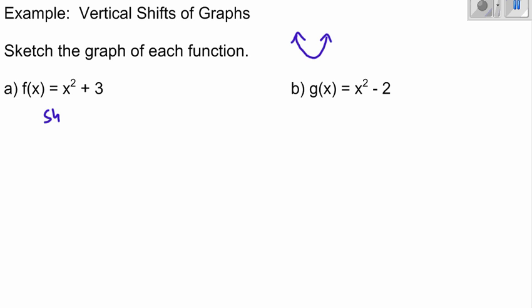So that shifts up 3. If the normal graph would be a parabola that goes through the origin, this will now be shifted up 3 units. And now the vertex is at 3.